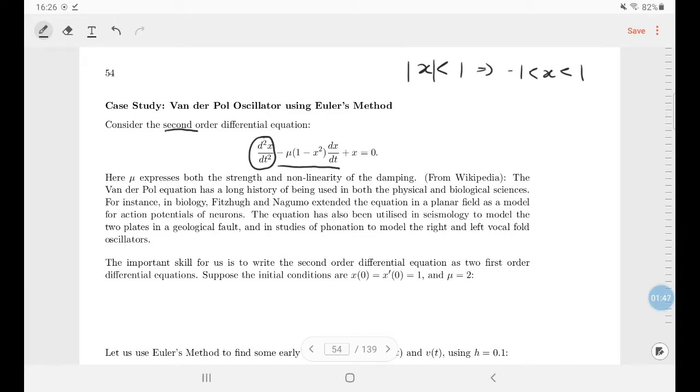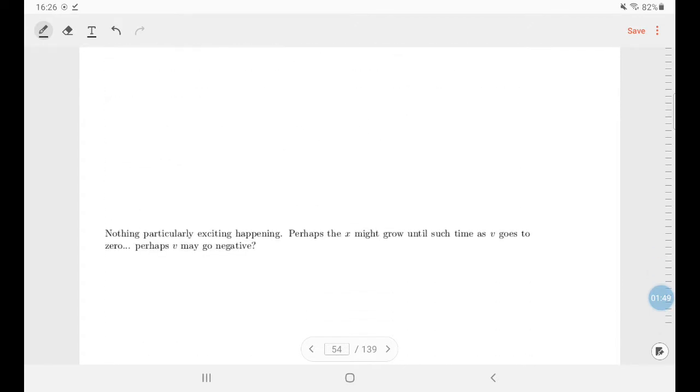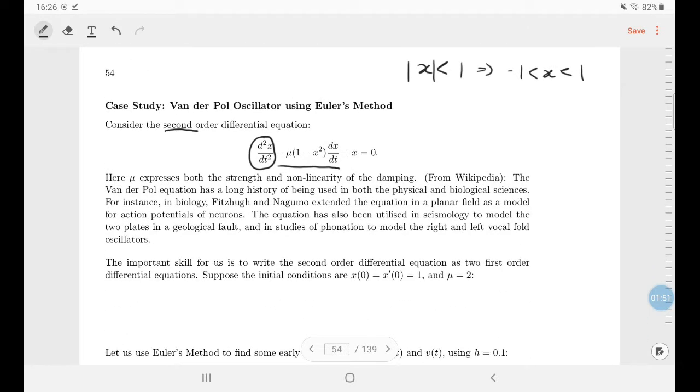I think it actually could go negative if I look below, but we'll assume it's positive. The 1 minus x squared is in this region positive. So if you add that term to both sides, this force is in the direction of the velocity.